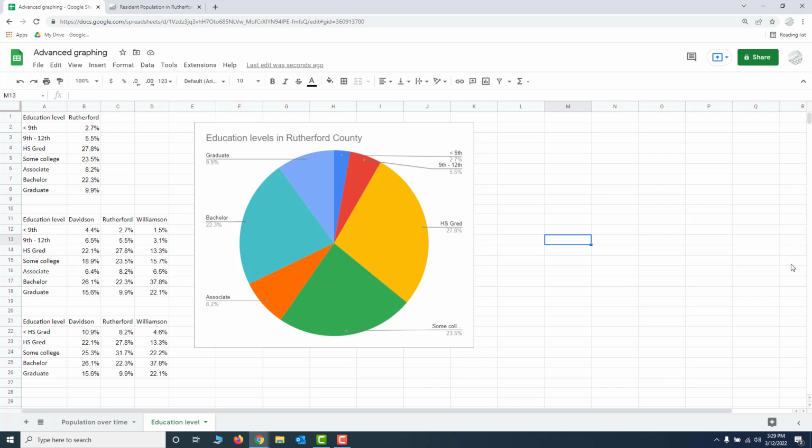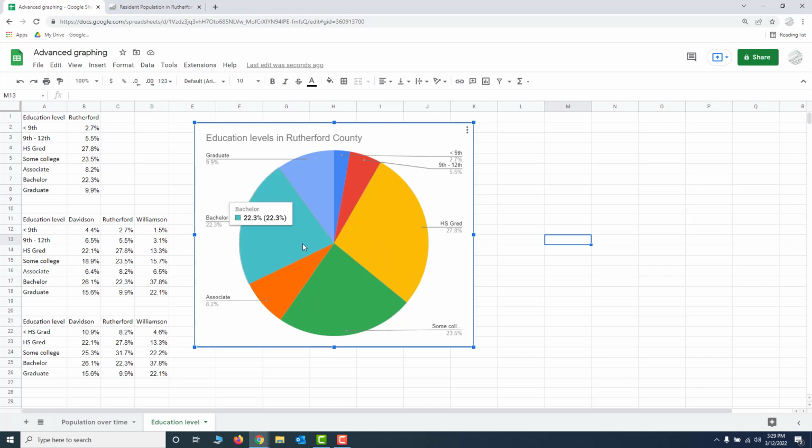Now, keep in mind, though, that there are some limitations here. Increasingly, graphic designers are telling us not to use pie charts, and there are a couple of good reasons for that. One is when you look at a pie chart, it can get a little difficult to tell which slices are bigger than which other slices. It's pretty easy to see that this yellow slice here is a lot bigger than this red slice. But it's not so easy to tell the difference between the yellow, the green here, and that teal, bluish green.